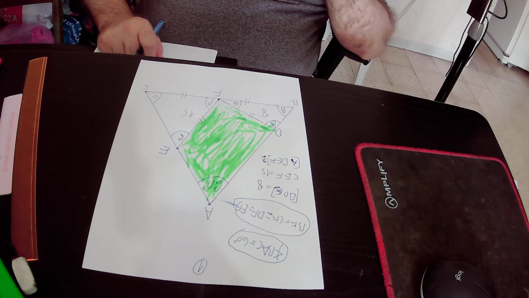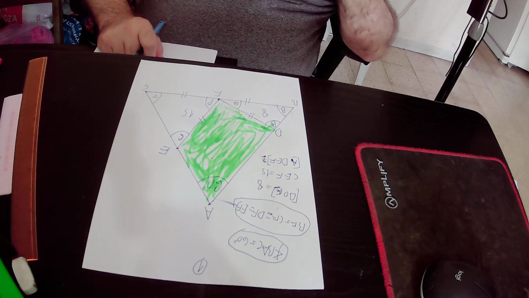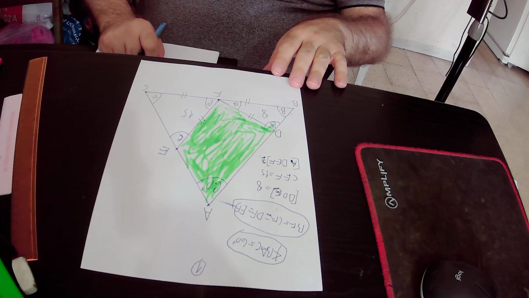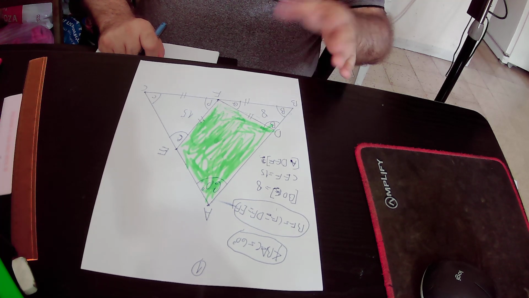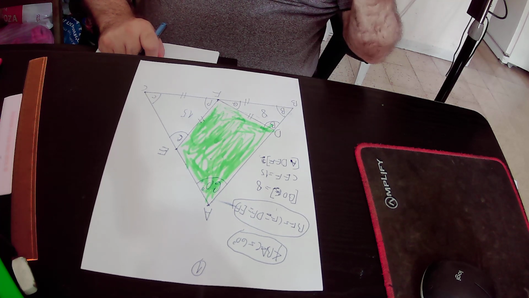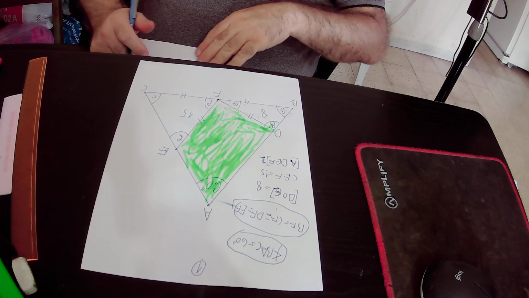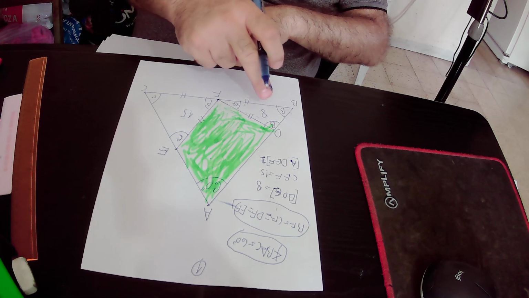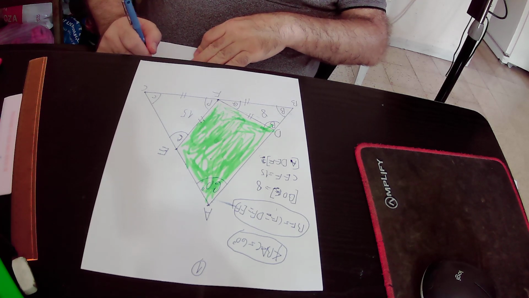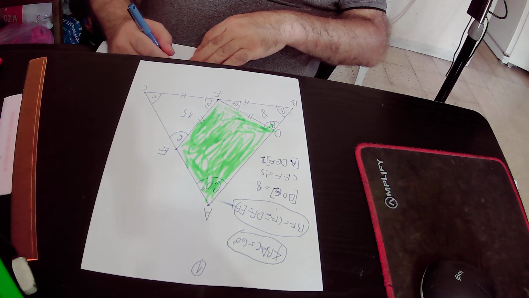We know that the sum of the angles, according to rule number 1, the sum of the angles in any triangle is equal to 180 degrees. So in triangle BDF, the sum of the angles is equal to 180 degrees.